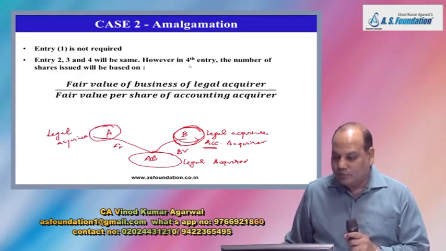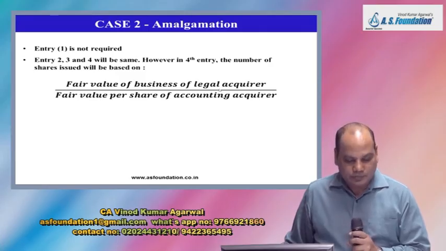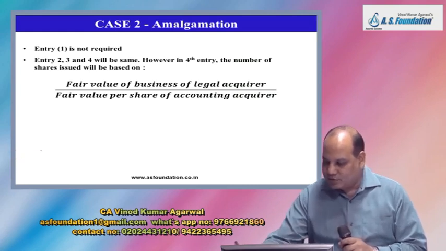However, in the fourth entry, the number of shares issued will be based on the fair value of the business of the legal acquirer (the other entities in this example).